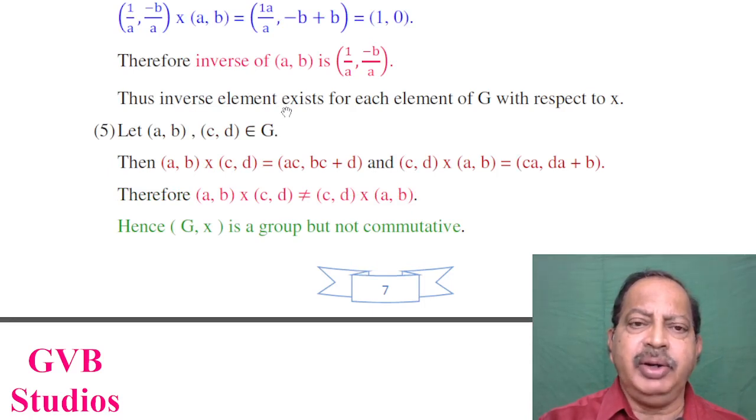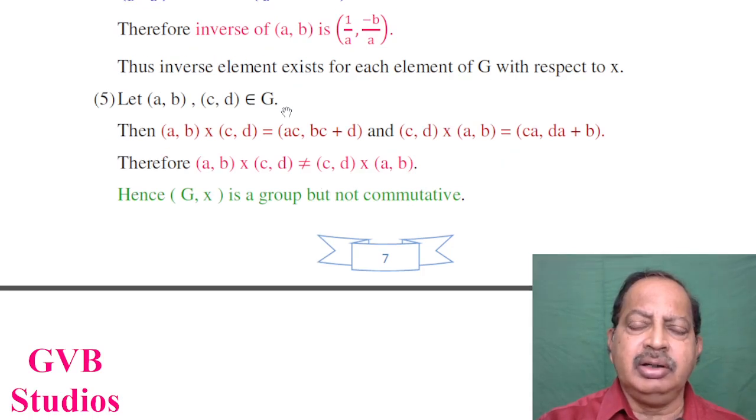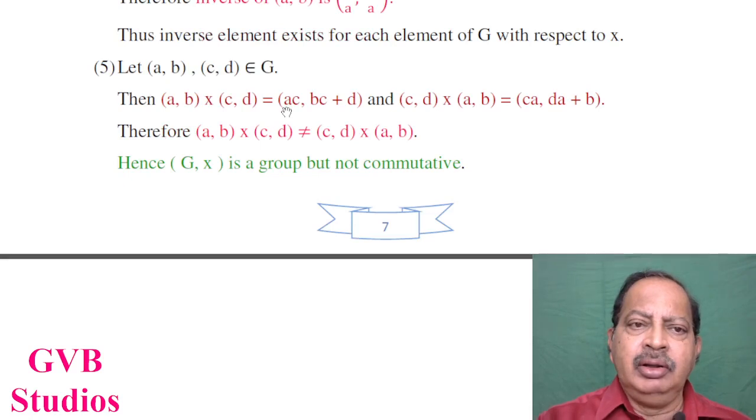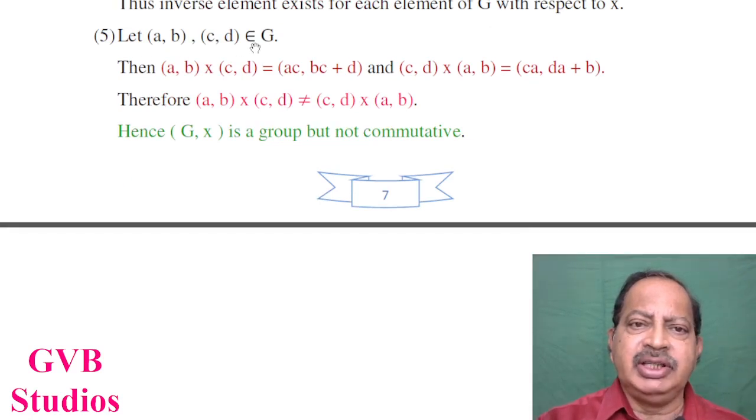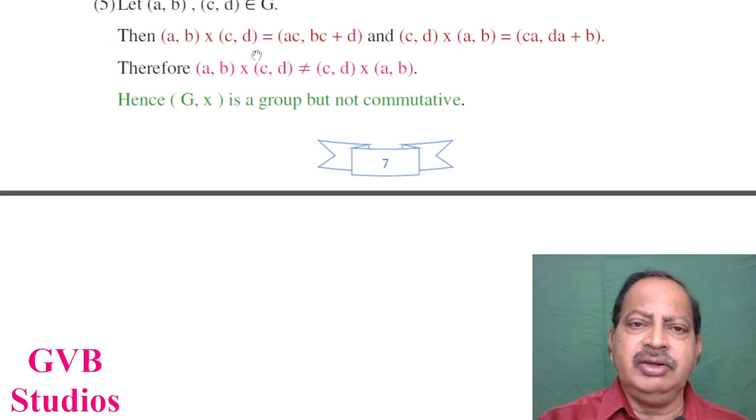Here one important point is, in the previous examples we have seen groups with commutative law, abelian groups. Here this is a group but not commutative. That is the important point here. Let us take two elements in the set G, (a, b), (c, d). (a, b) cross (c, d) gives by definition (ac, bc plus d).